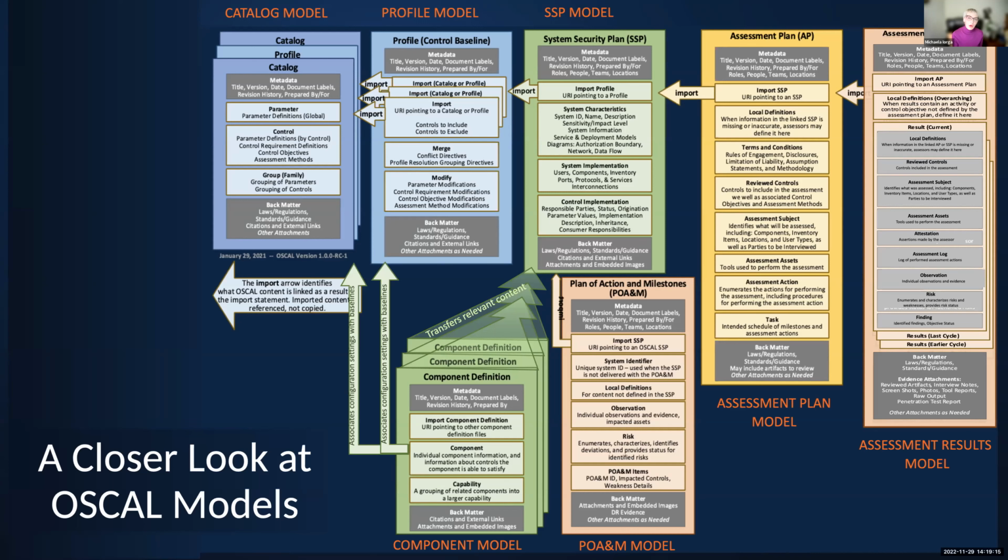So we had to allow for decomposition of the systems into small components to be able to assess them separately, to be able to document every single component of your system, what are the controls that it is implementing, or what are the controls that it is satisfying for that system if that component exists within the system, and to be able to leverage in the process, as a system owner, information that can come from a vendor, who can document using a component definition how their product, how their software is satisfying the controls.